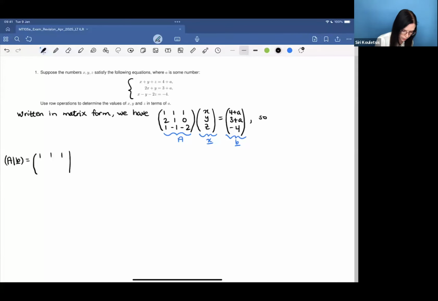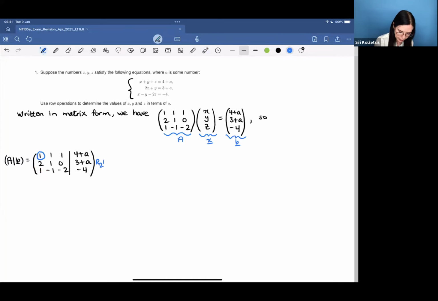And so now we write down the coefficient matrix, and then it's nice to put a line, if you like, to separate out the right-hand side B. Now we see here that we have a so-called leading one in the first row there. And what we want to do now is to create zeros below that leading one. And that is what motivates the row operations we're going to do.